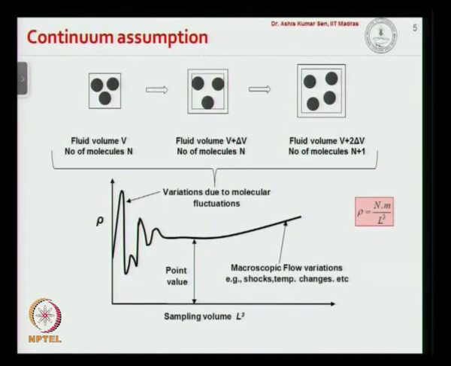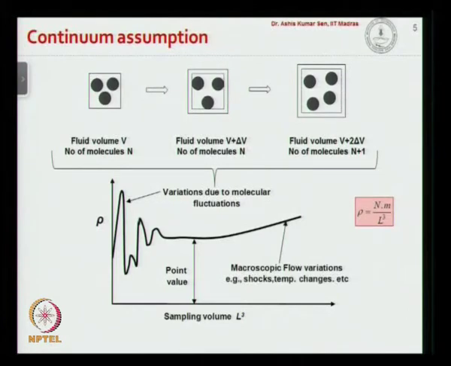And when the sample volume is considerable, these variations are averaged out and you get an almost constant value of density, which is called the point value. And when you talk about very large sample volumes, if the volume is very large, then local fluctuations tend to occur.